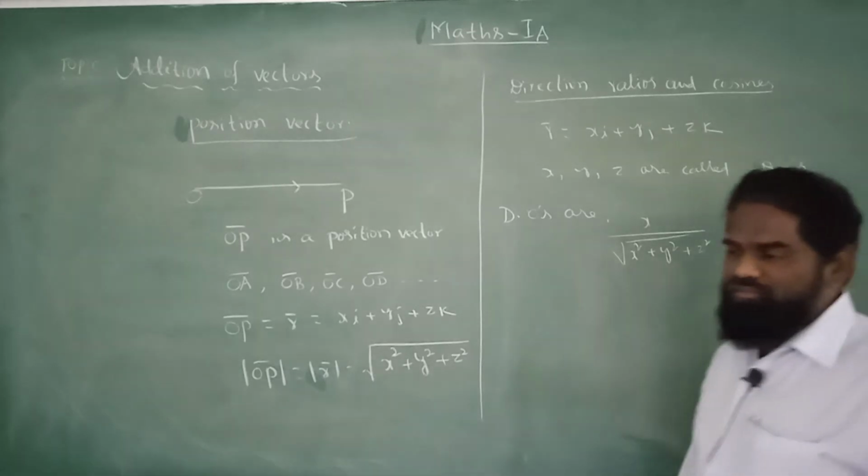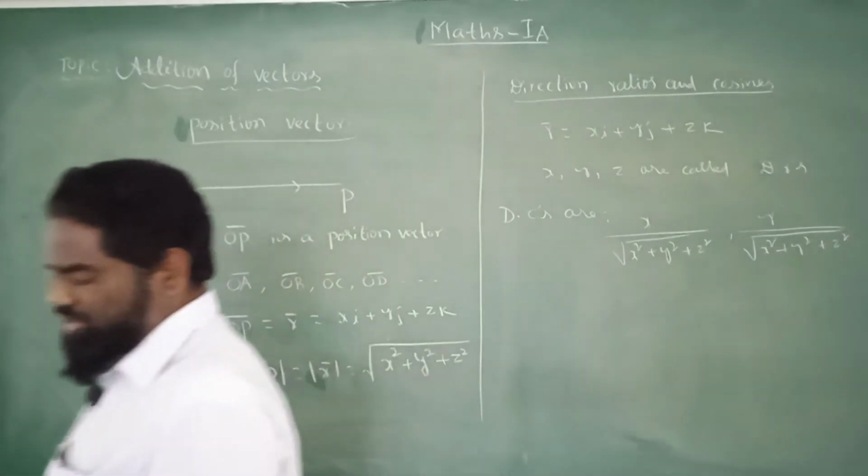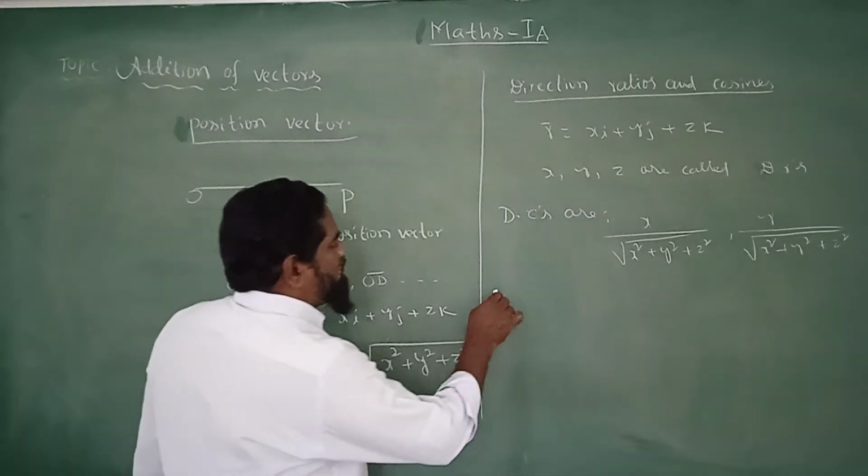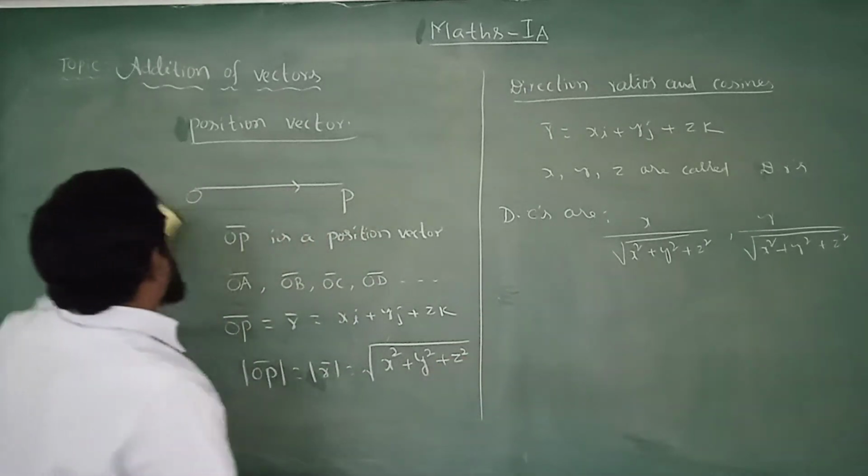These are the direction cosines. Ratios are the components. The components x, y, z, which are proportional to the cosines, are called the direction ratios, or the coordinates x, y, z.